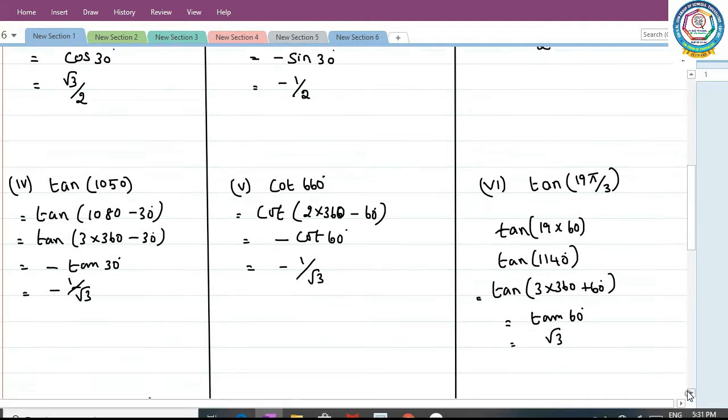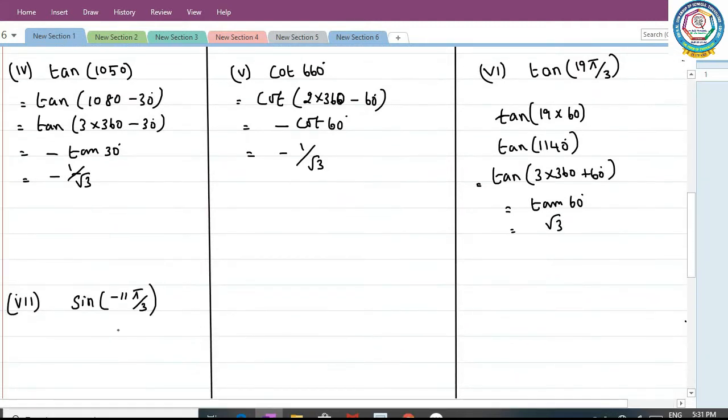Next one, seventh one, sine of minus 11 pi by 3. What is the value of pi by 3? That is also 60. Therefore, sine of minus 11 into 60, which is equal to sine of minus 660 degree.